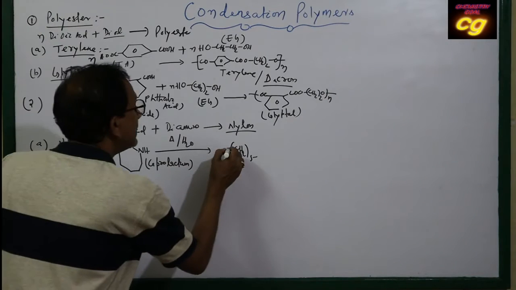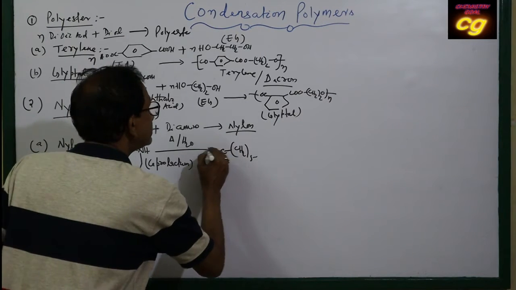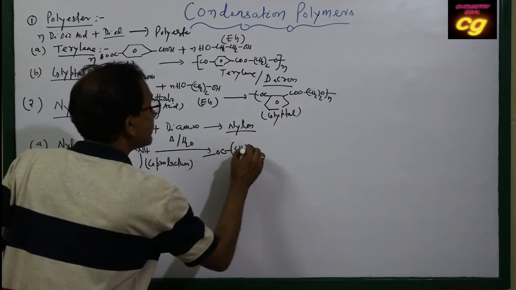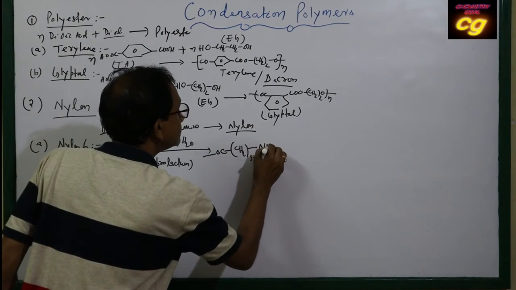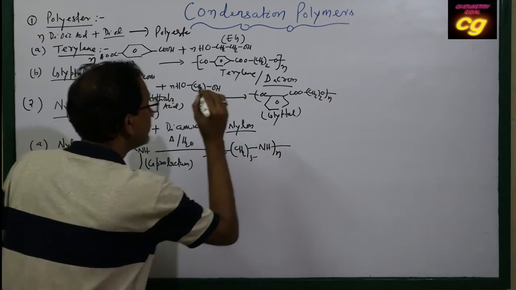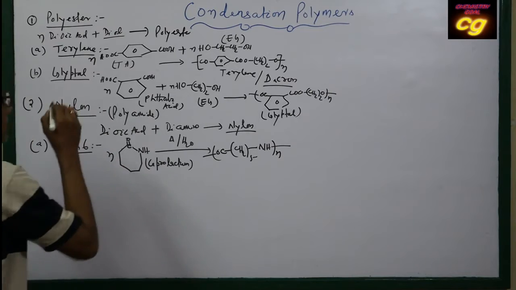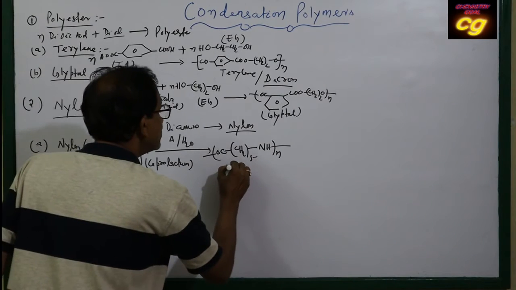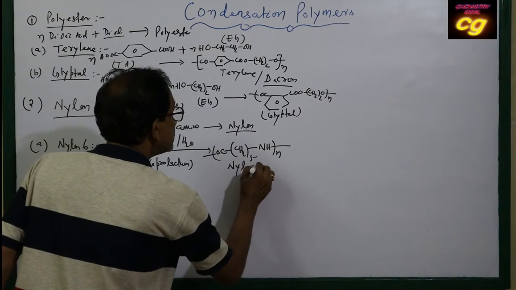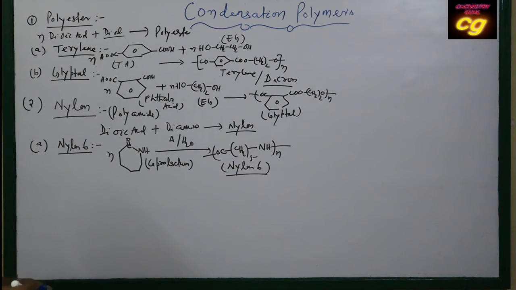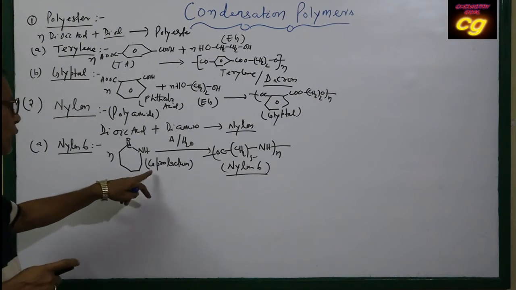Then one end is CO and the other end is NH, and both ends extend in the form of n. So if you take n number of caprolactam, you will get nylon 6. Nylon 6 is the polymer of caprolactam.